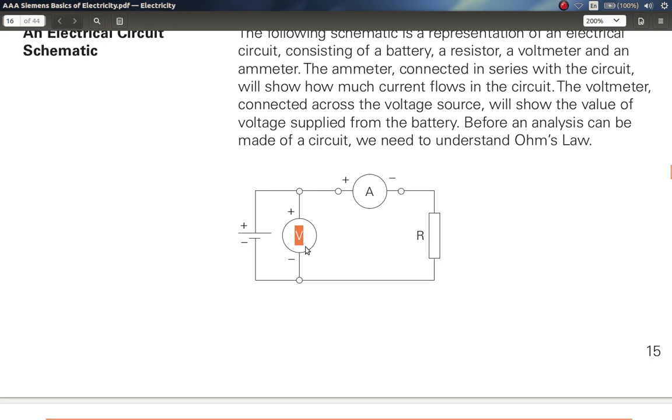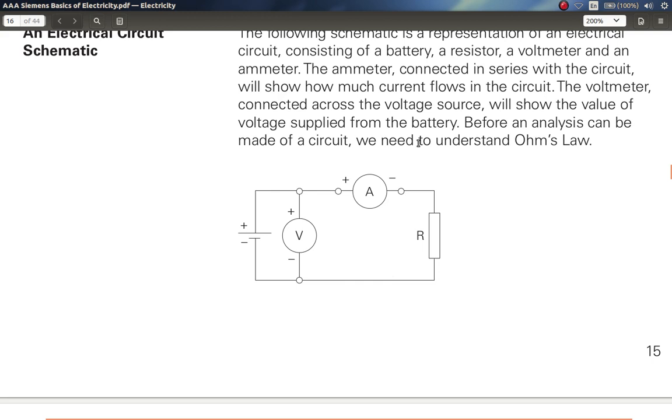You can measure voltage and you can measure current in amperes. So this is the symbol or the schematic diagram for a circuit which uses symbols, and the current can flow around the circuit like this.